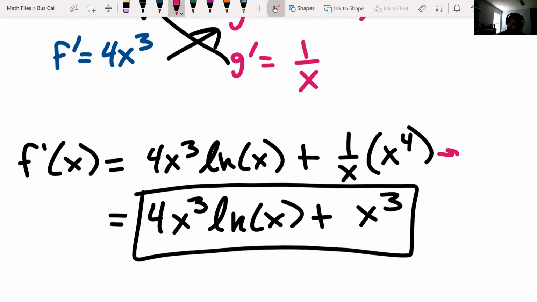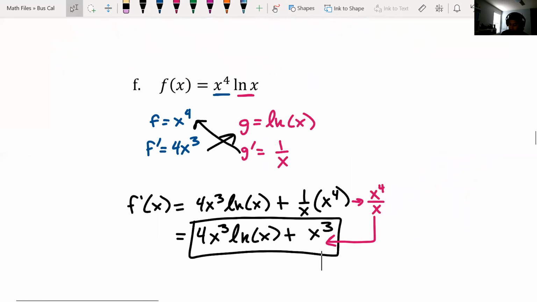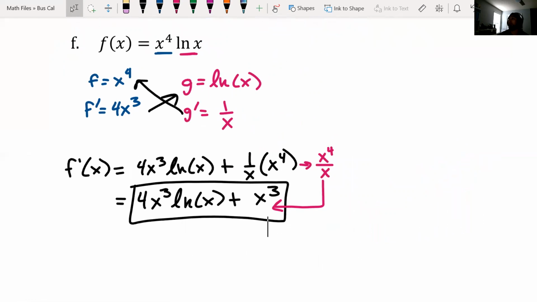The reason it's x cubed is because you can rewrite this as x to the fourth over x, which will give you x cubed. Now that finishes product rule. Everybody good with that? Yep. All right.